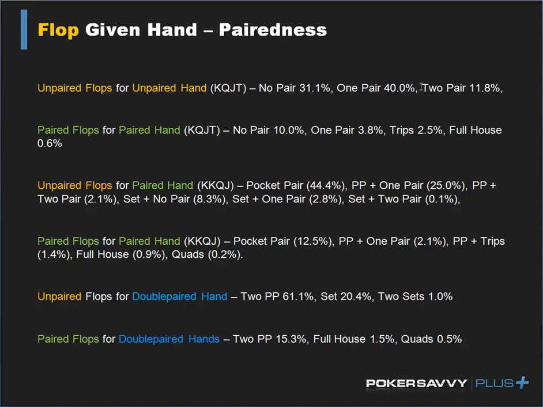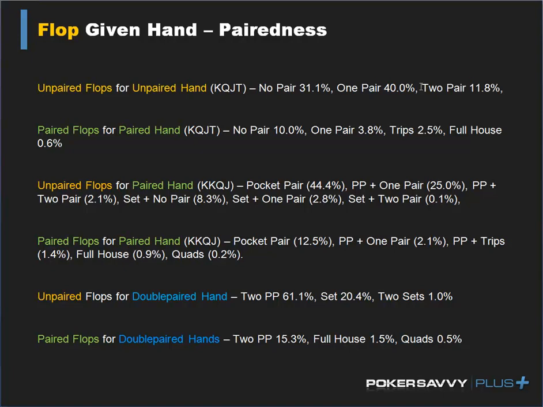You really need to be flopping top pair and top two pair a lot in order to have their pairedness value really mean anything, because even 5-4-3-2 is going to flop one pair or two pair 50% of the time. Obviously, most of those are not worth much.